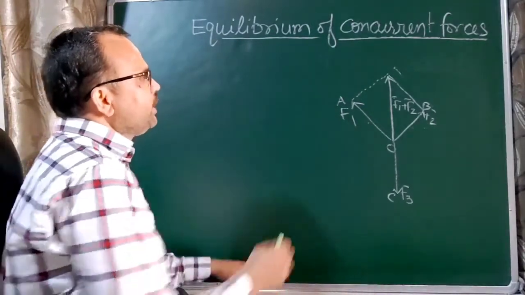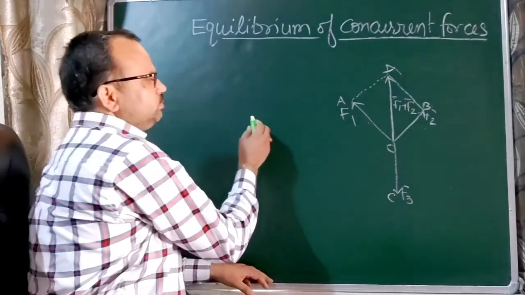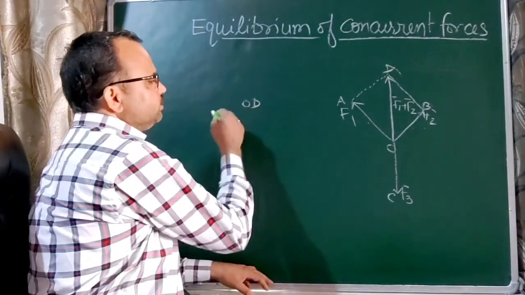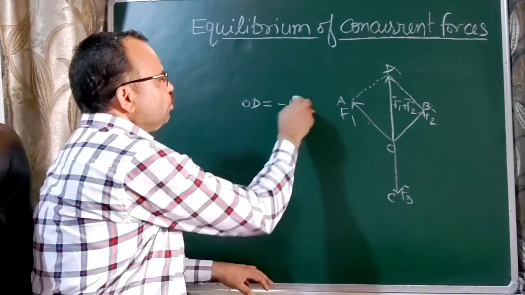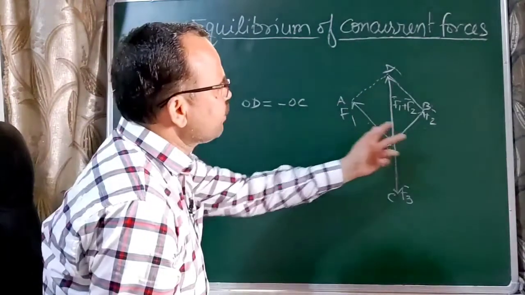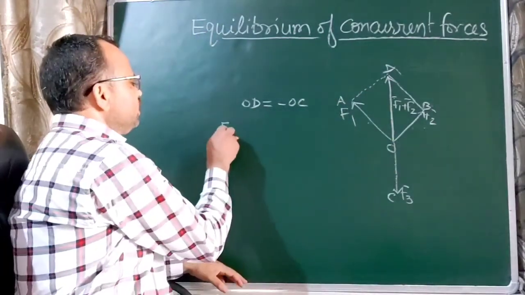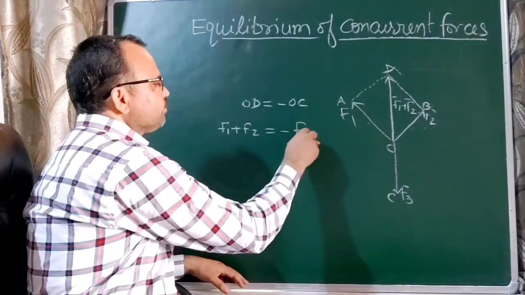So in the equilibrium condition, OD must be equal and opposite to OC, and OD is the resultant of F1 and F2, which is F1 plus F2, equal to minus F3.